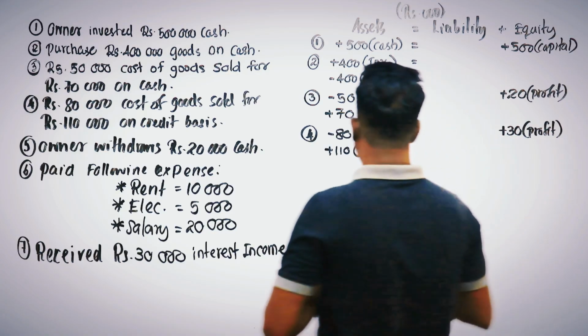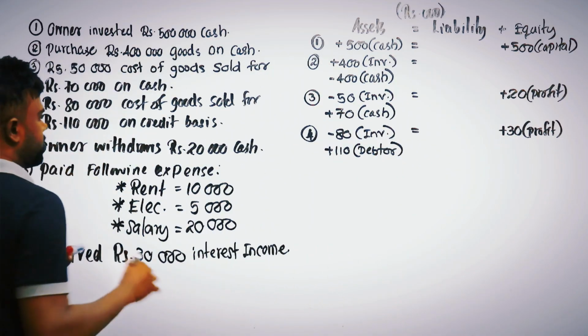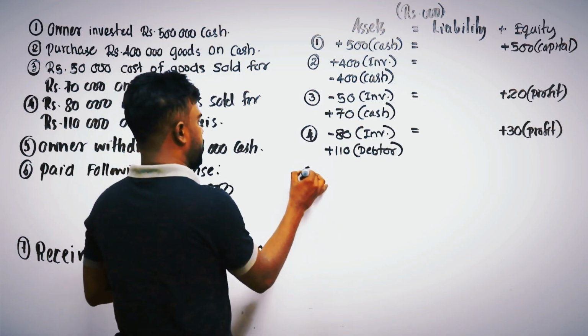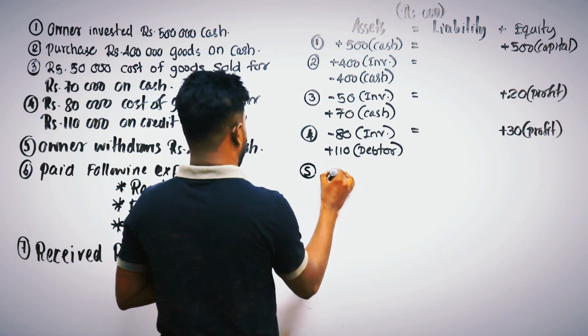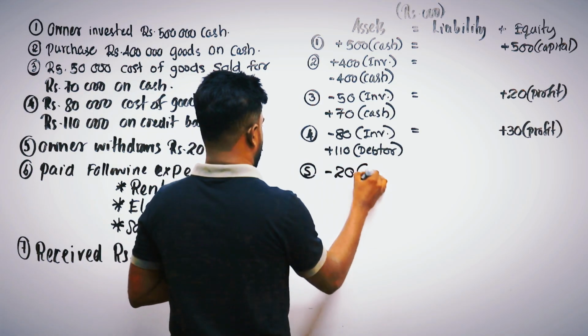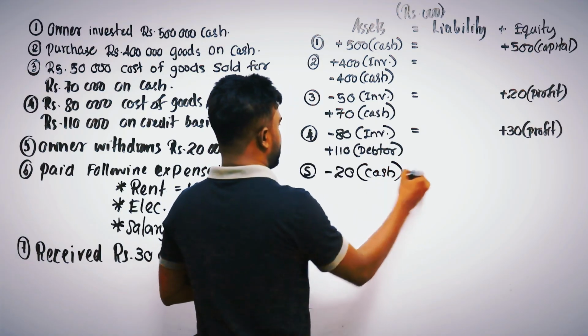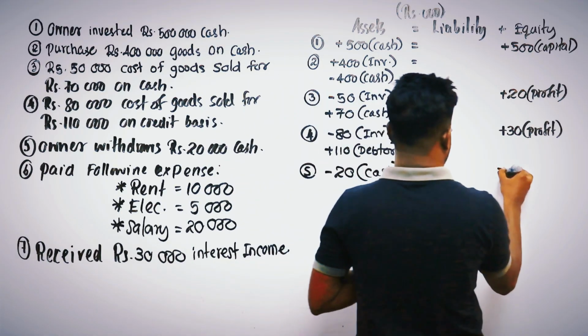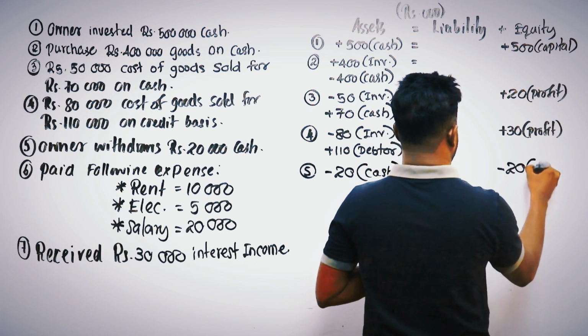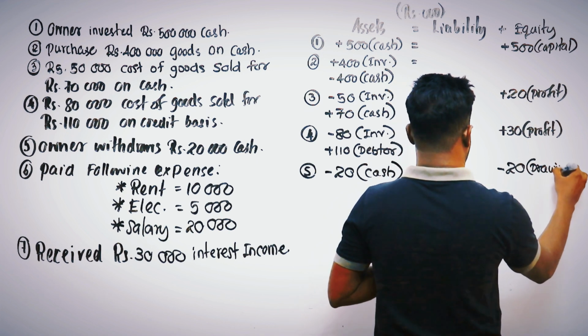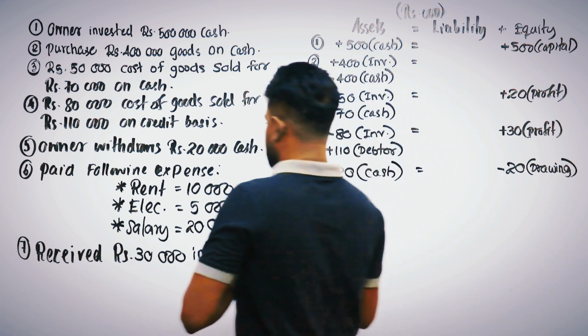Owner withdrawals of 20,000: cash asset decreased 20, equity decreased 20,000 as drawings.